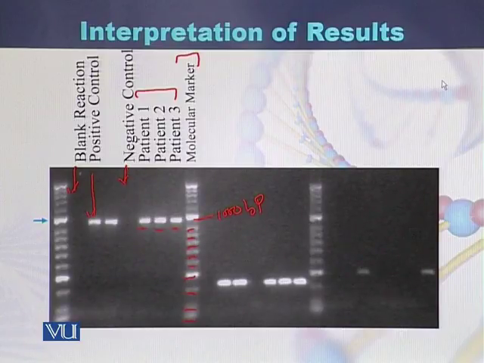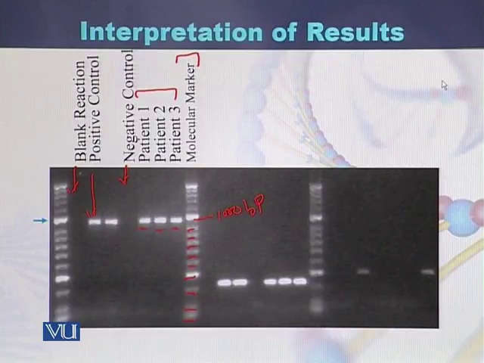So while performing the PCR reaction, there should be a blank reaction, a positive control, a negative control, as well as a molecular marker, to interpret the results or to see whether the expected band size is of the required base pair.